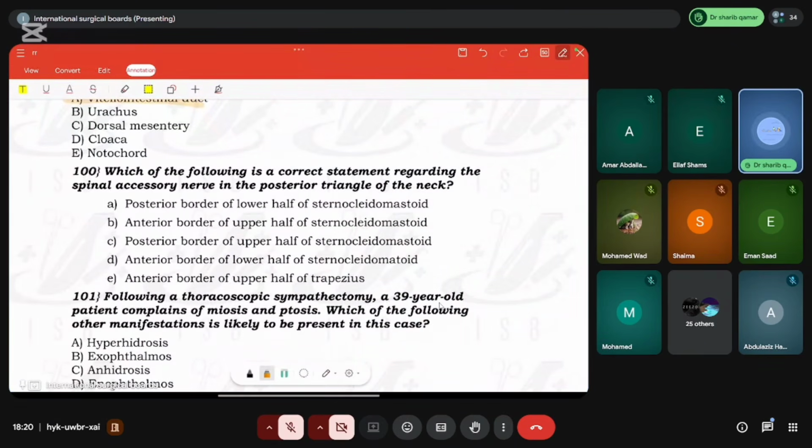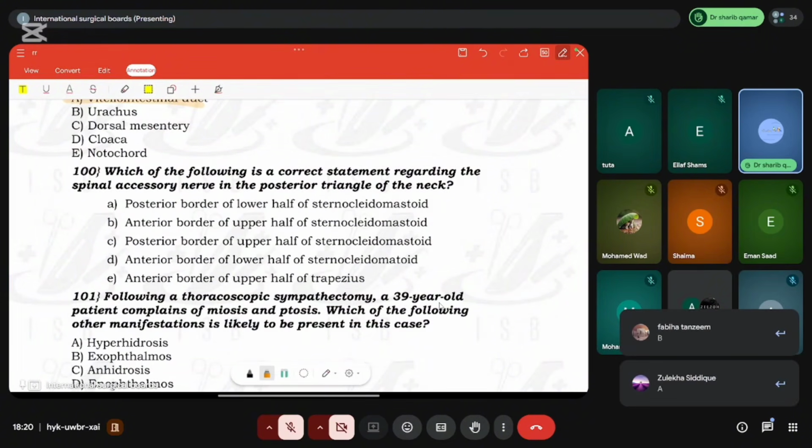Which of the following is the correct statement regarding the spinal accessory nerve in the posterior triangle of the neck? It's the posterior triangle of the neck, and here the border of the lower sternocleidomastoid, anterior border. Is it A?